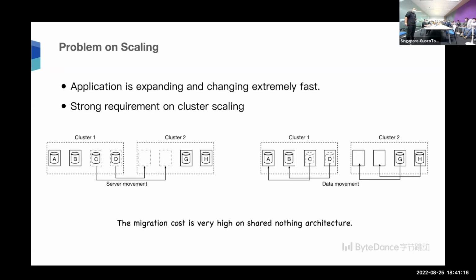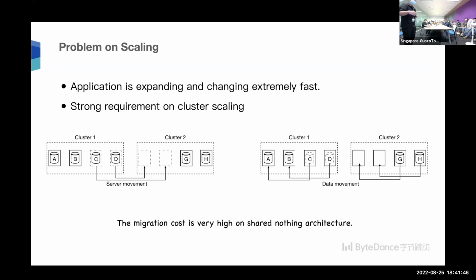This is an example to show the problem of scaling. Inside ByteDance it's also a real requirement. The applications are expanding extremely fast, and different teams have strong requirements on cluster scaling.